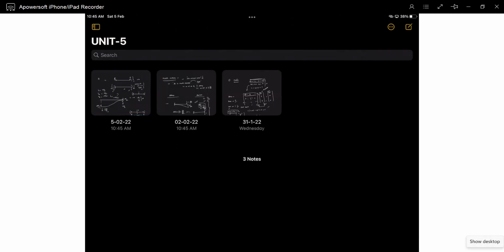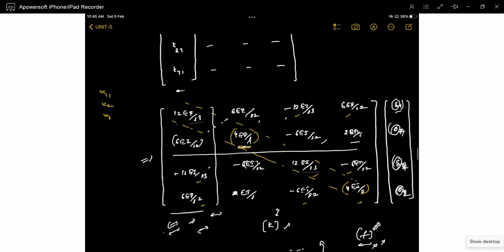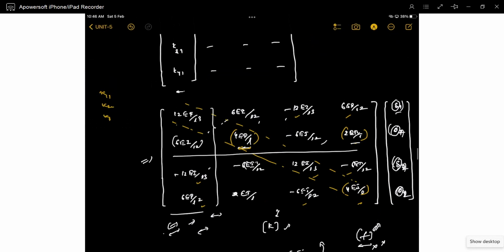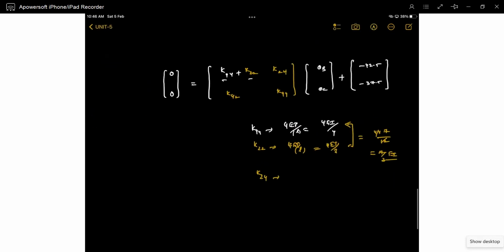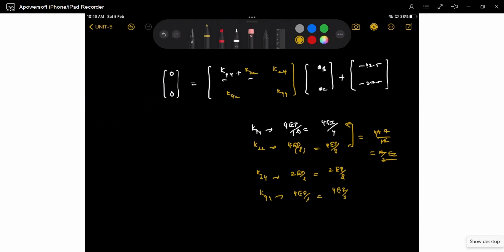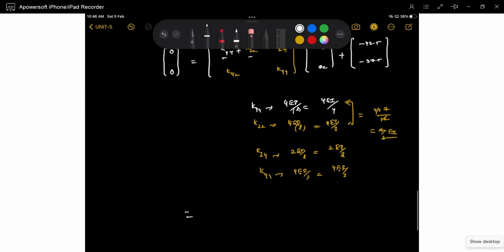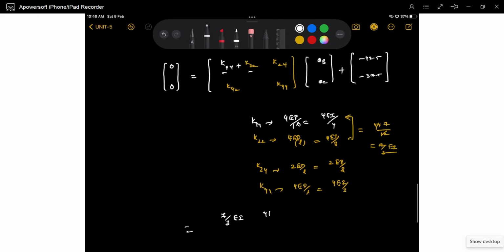Next, K24. K24 is 2EI by L. Everything is for the second matrix. So 2EI by 3. K44 is again 4EI by L, so 4EI by 3. Now you can write K22, 7 by 3 EI.